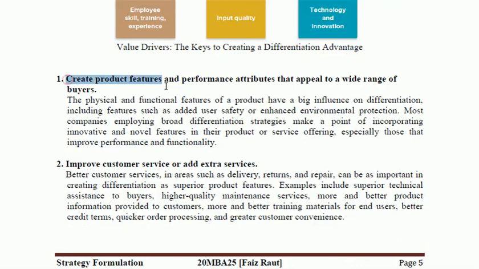To create product features and performance attributes that appeal to a wide range of buyers, I'll create my product features or performance attributes in such a way that it will be appealing to a wide range of buyers. For example, I'm manufacturing Android. I am the manufacturer of Android. I am Google. I have developed Android.